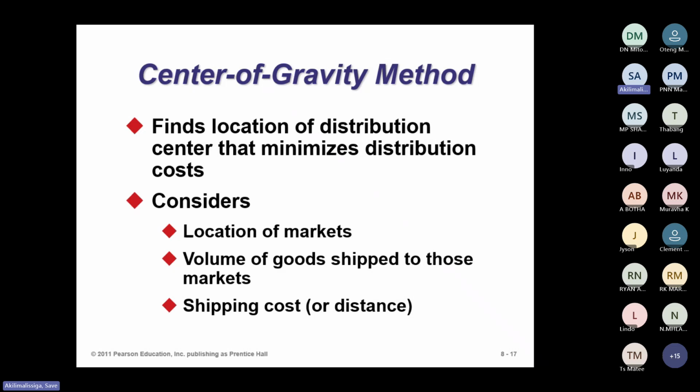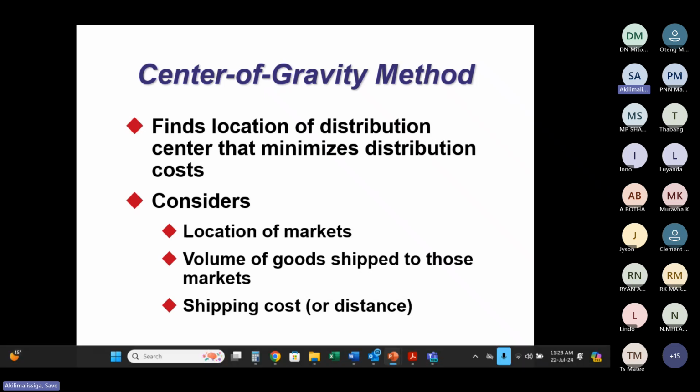So identifying a proper location that tends to reduce the distances between the distribution center and the different branches is quite important. And that's why the center of gravity comes in.